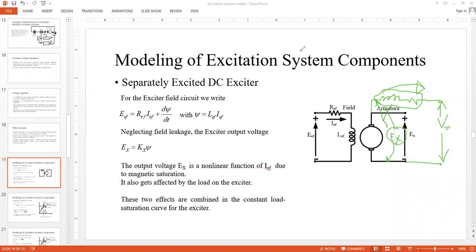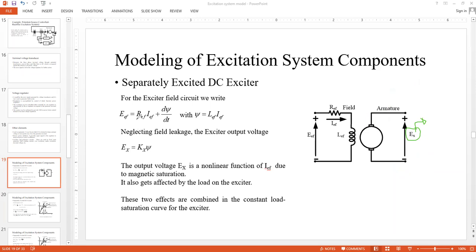However, for this derivation they are ignoring that, so we are also ignoring it. Whatever voltage is induced is directly available as EX, and that EX is fed to the field circuit of the synchronous machine.